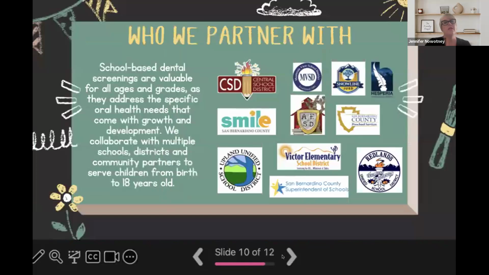These are just some of the districts that we partner with. Thank you to everybody who allows us to come into their schools and provide services and dental screenings to their students. We really appreciate that you are putting their dental health as a priority, as well as their overall health. There are several districts doing this, not just with the Friendly Flosser, but with other providers.